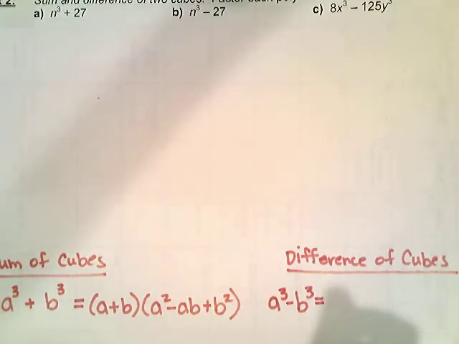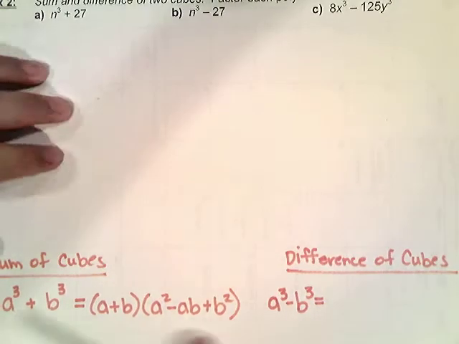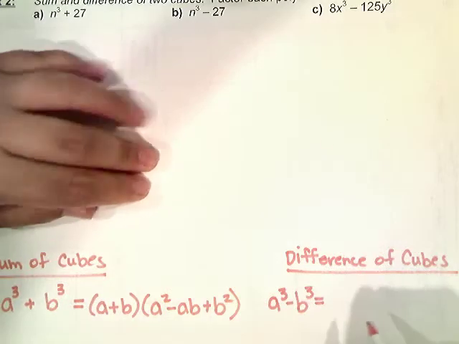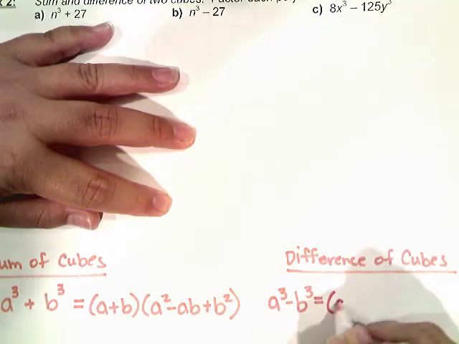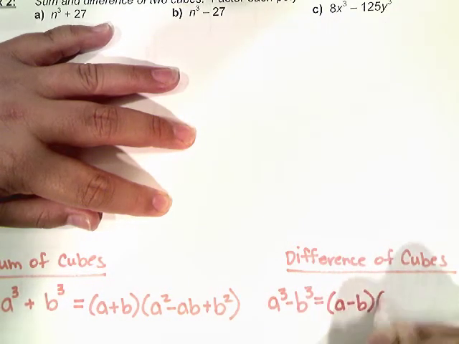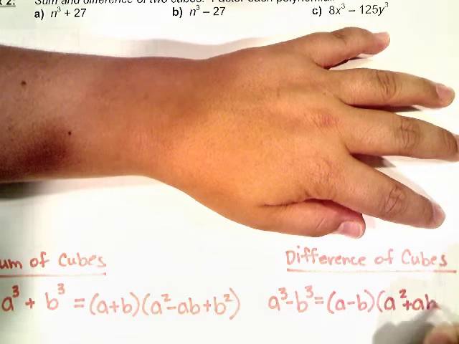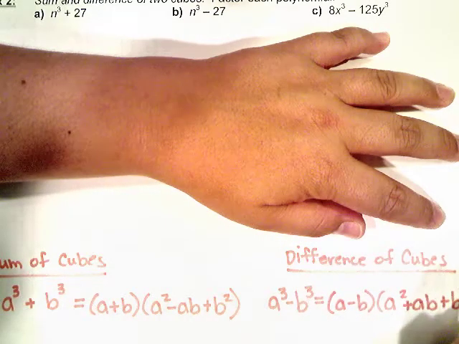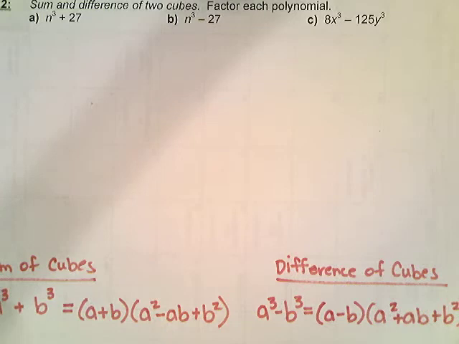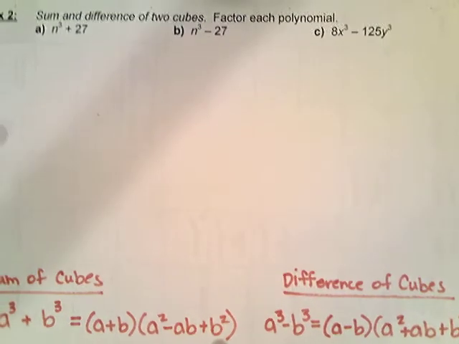Our factored form is going to, again, be very similar to our sum of cubes, just some of the signs will change. So this can be factored into a minus b times a squared plus ab plus b squared. And so now all that's left is to check, okay, can we use any of these patterns for any of the problems in this example?